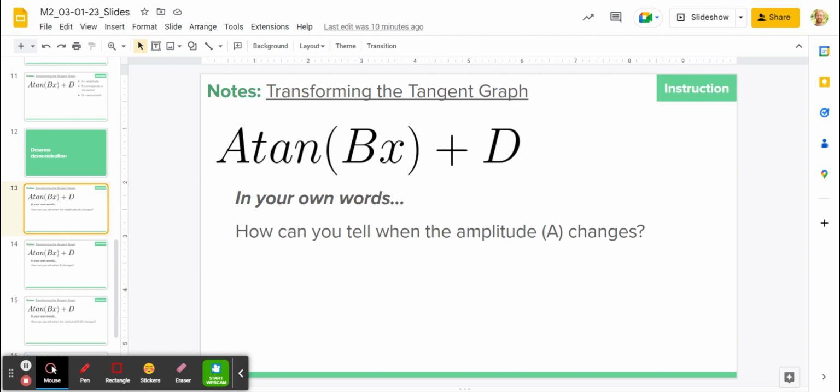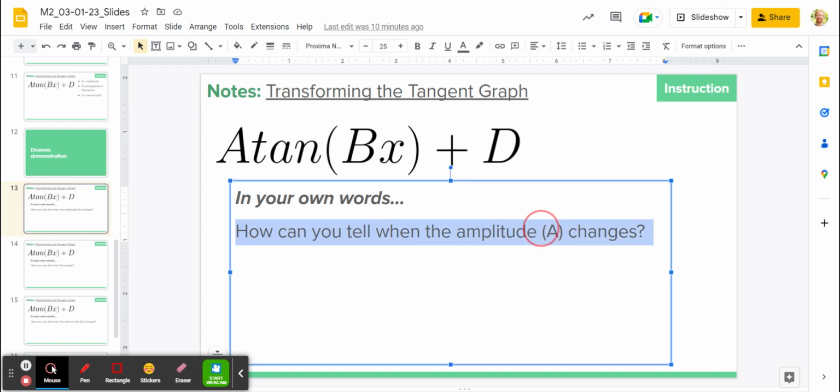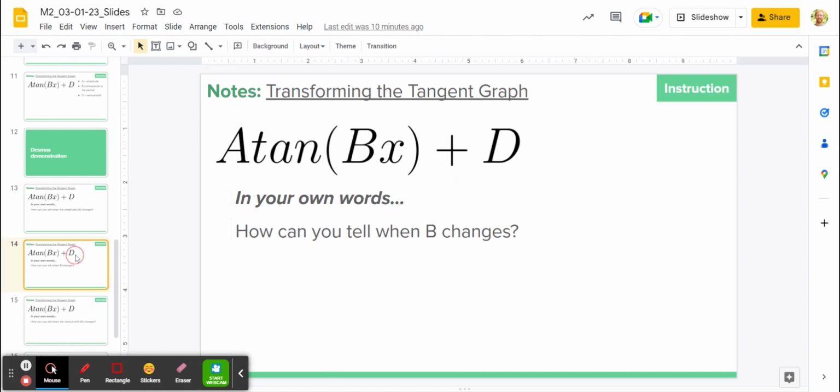That will allow you to modify the shape of the tangent graph and, in your own words, describe what happens when the amplitude changes. How are you going to be able to tell when the amplitude changes? Then you can repeat that for when B changes, using the Desmos to explore that. And finally, for the D slider, we'll be able to play around with that and come up with our own words there.